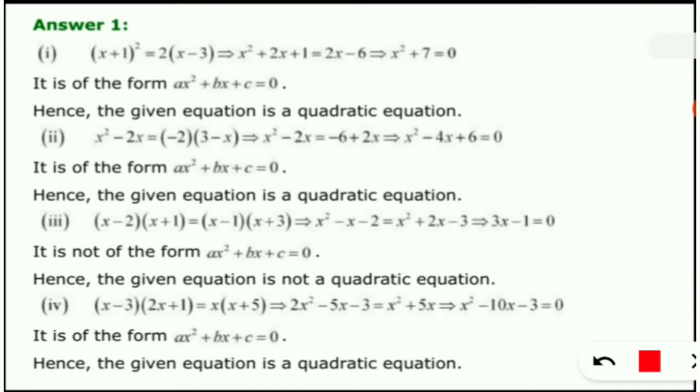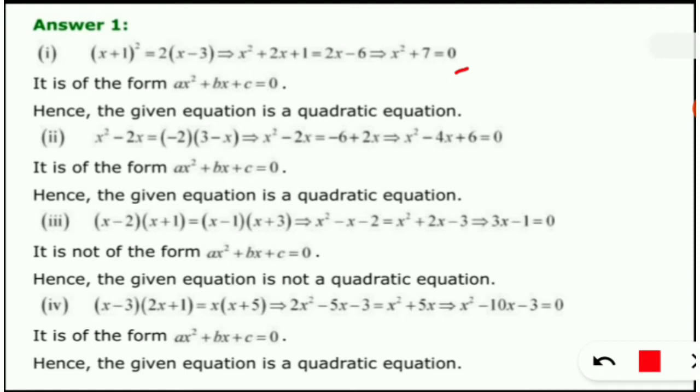So this is (x plus 1) whole square, so x square plus twice x plus 1 and equal to 2 into x, that's mean twice x, minus 2 into 3, that's mean minus 6. So after simplification, here x square plus 7 equals to 0. Okay, so x square plus 7 equals to 0 is a quadratic equation.